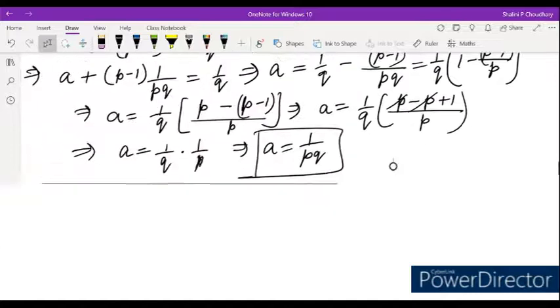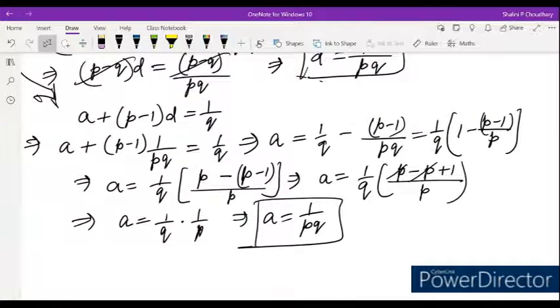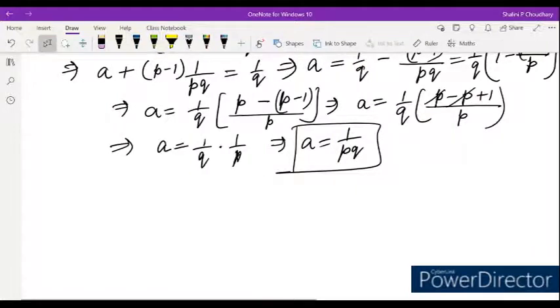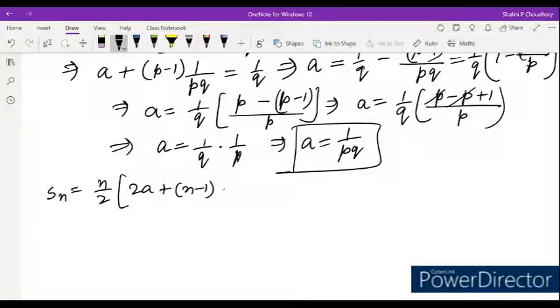Okay, now what value do we have to find out? We have to find out S, the sum of the first pq terms. Okay, so we have to find out S pq. So S pq is equal to, see, what is the value of S n? S n is equal to n upon 2 into (2a plus (n minus 1) into d).